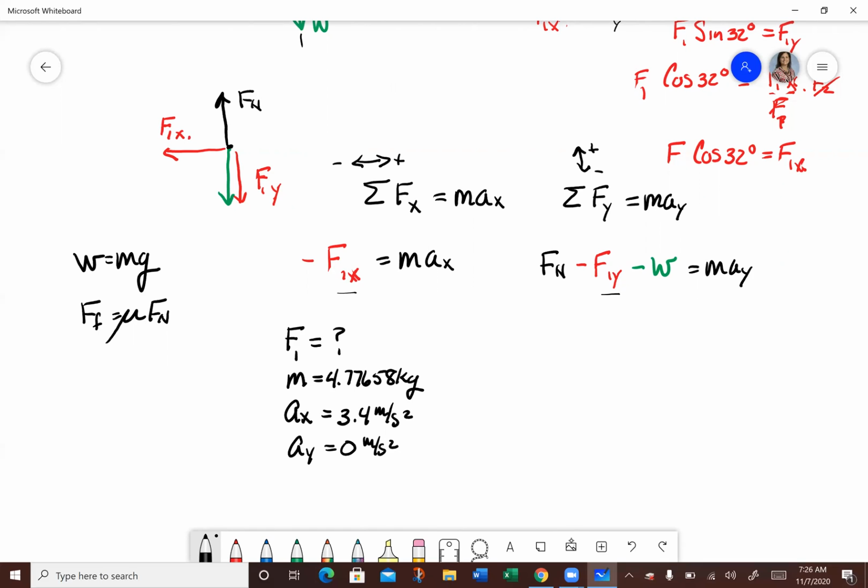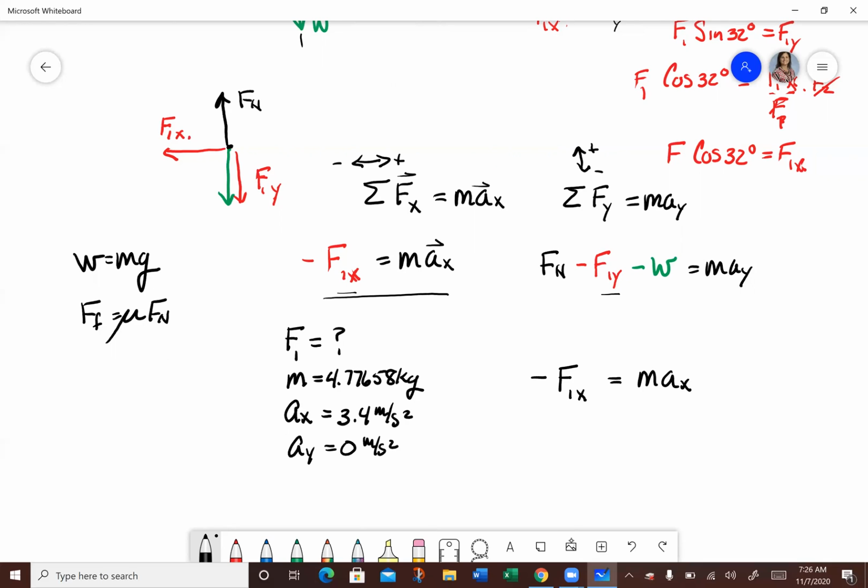And that's it. So the only place I really have f1, I have f1x here, f1y here. Given that I know this, I think I can just solve it with this simple equation right here. So I have negative f1x equals max. Now keep in mind, these are all forces, right? Vector quantities, including the acceleration.